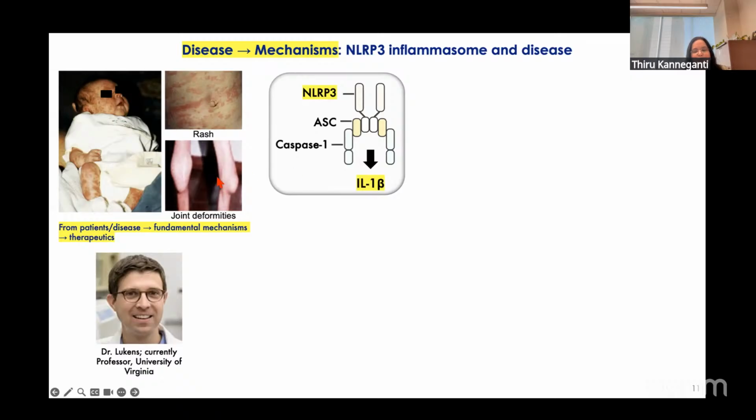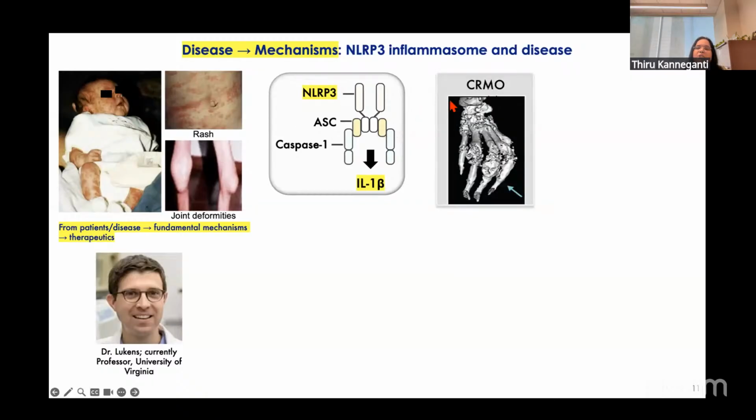And to ask that question, he developed a mouse model, which is a chronic osteomyelitis bone destruction model, where mice, when they're born, are normal. But as they age, they develop severe inflammation in joints. And when he crossed this PSTPIP2 or Chromo mouse model with IL-1 beta deficient mice, he thought it would be protected, because we believe that inflammasome-mediated IL-1 beta is the driver of this disease.